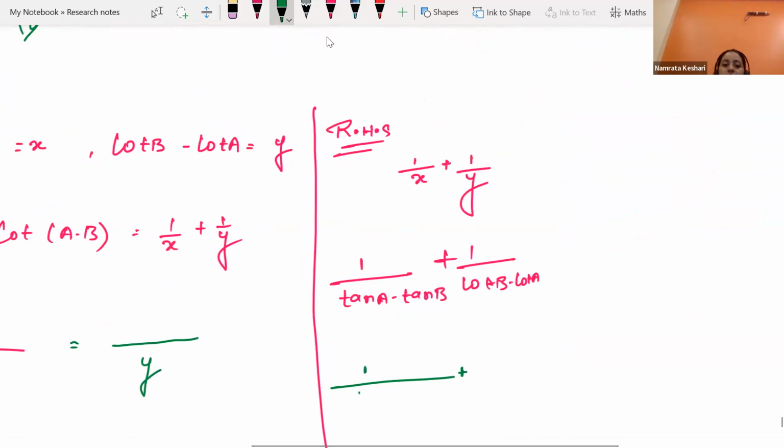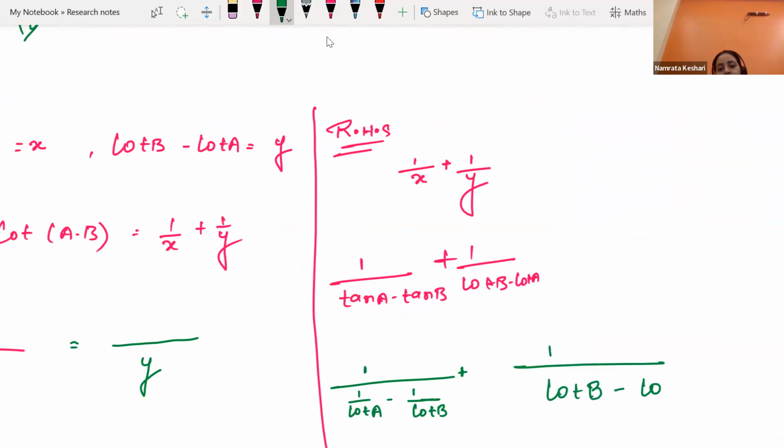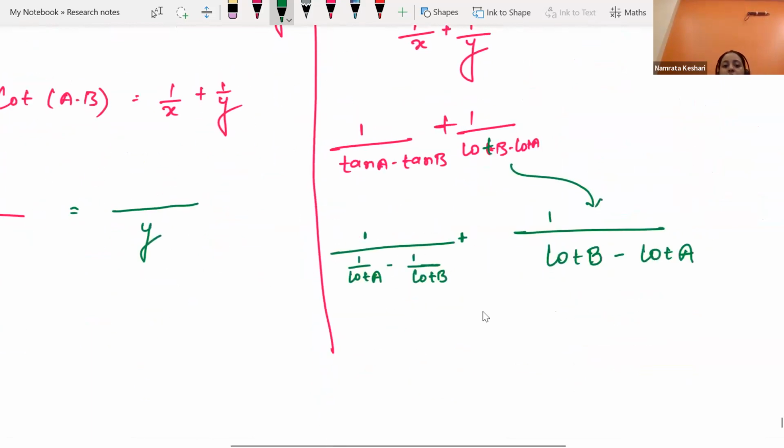So tan A we are going to write as 1 by cot A, and tan B we will be writing as 1 by cot B. We already know this, right? As it is. Now let's work on the denominator part.